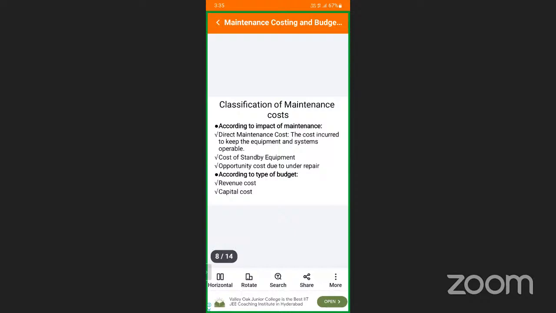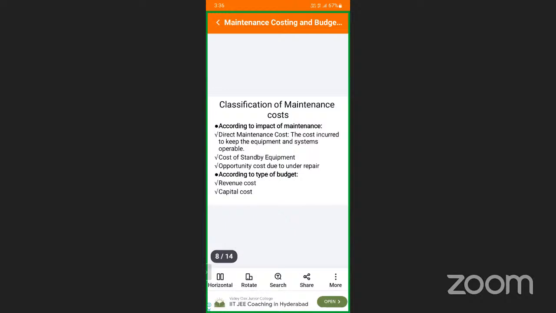Apart from that direct cost, suppose the main machine isn't available for us. So we are calling for a standby machine. What is the cost of standby equipment? That cost is also there. And suppose there is some time lag and the standby machine isn't available, then we have some opportunity cost.